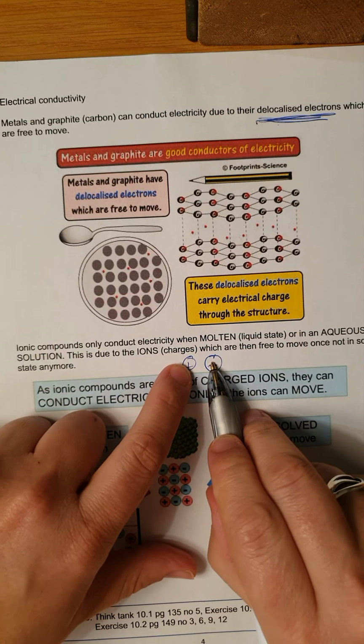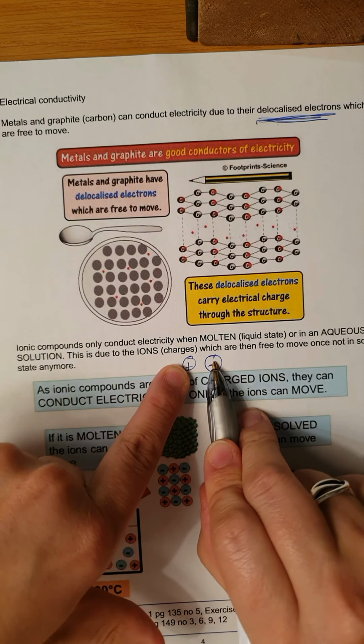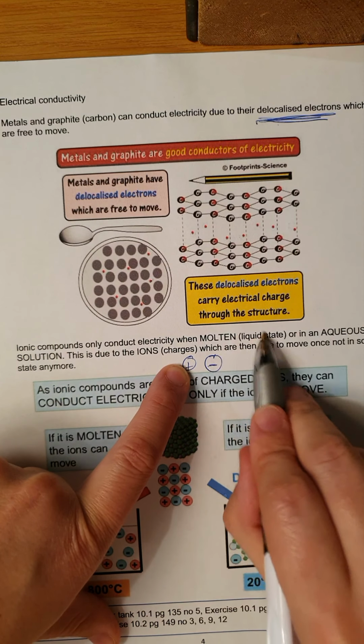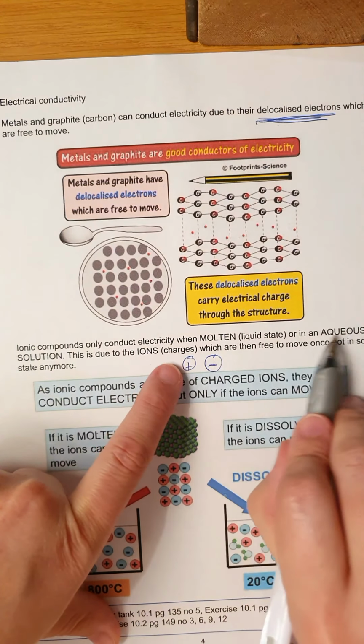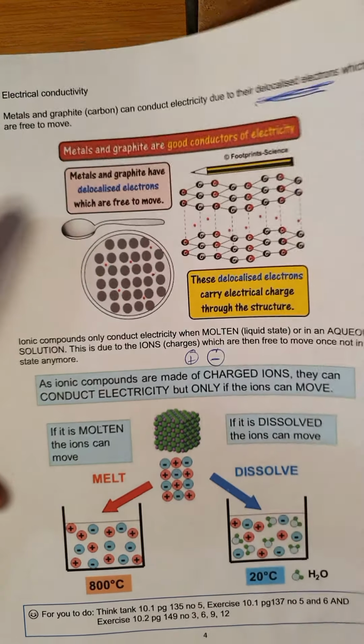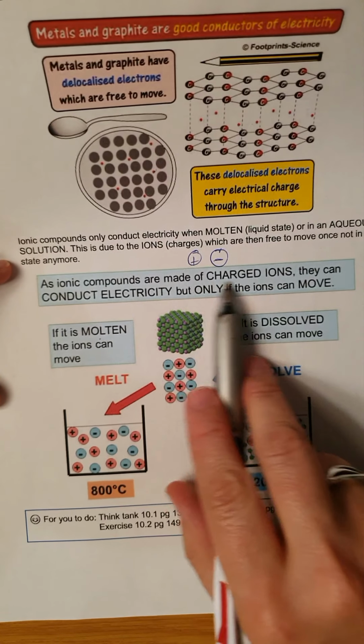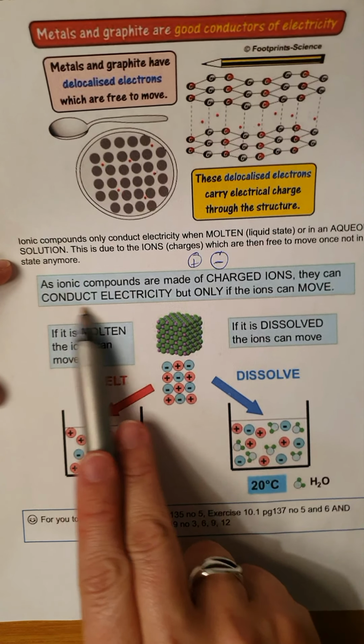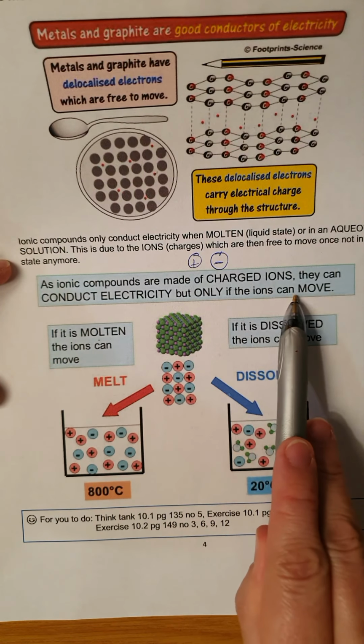If they're in solid, they can't move, so you can't conduct electricity. But if they're liquid, they can move, or if you dissolve it in water, they can move and it can conduct electricity. As ionic compounds are made of charged ions, they can conduct electricity, but only if the ions can move.